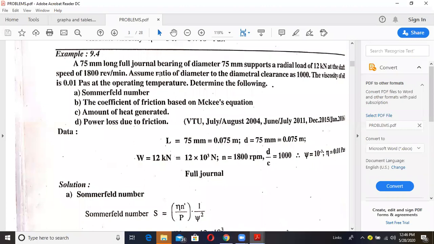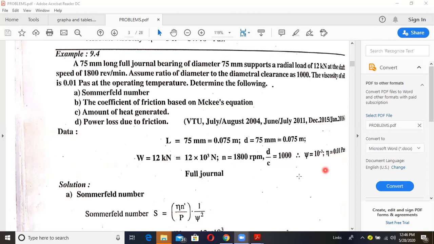And they assume the ratio of diameter to the diametrical clearance is 1000, that is, D divided by C is equal to 1000. Next, the viscosity of an oil is 0.01 Pa·s at the operating temperature. Directly given in Pa·s, so that is eta equal to 0.01 Pa·s.